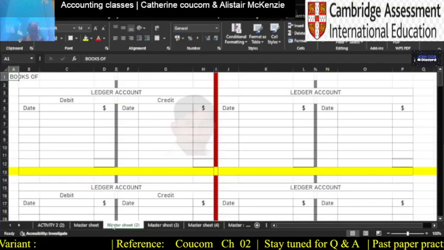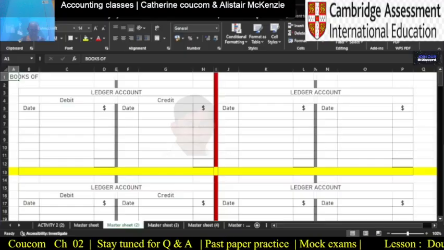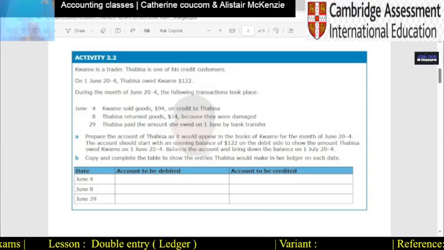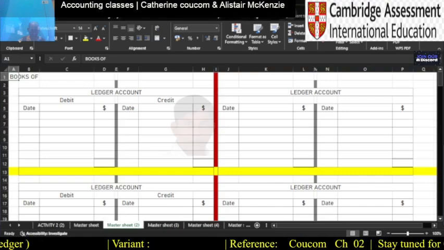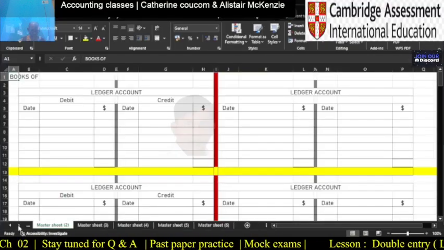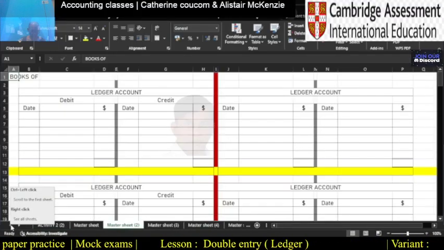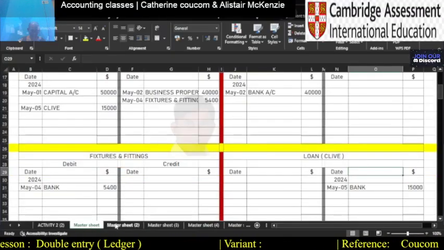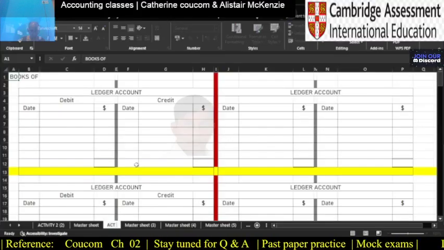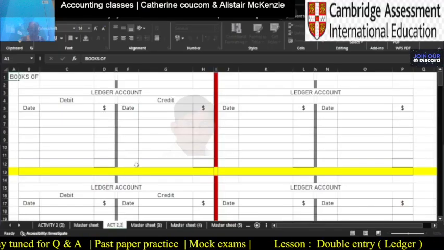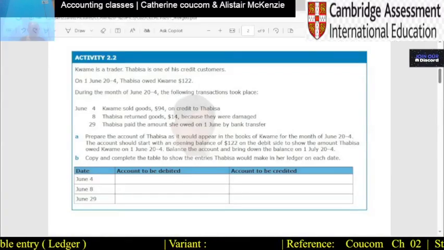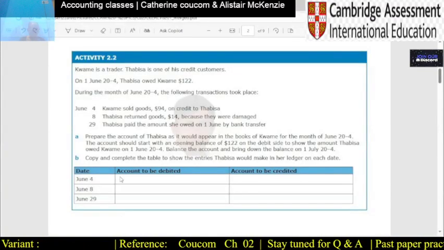Okay, so we have to prepare the account of Tabisha, in the books of Kwame.